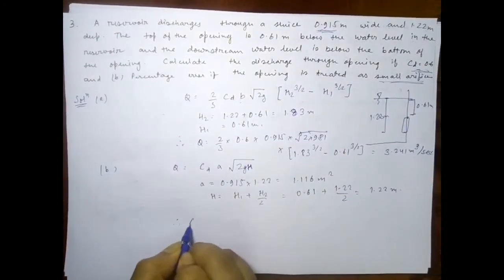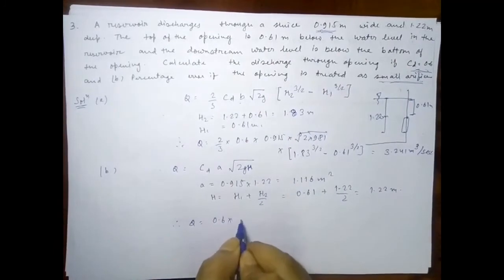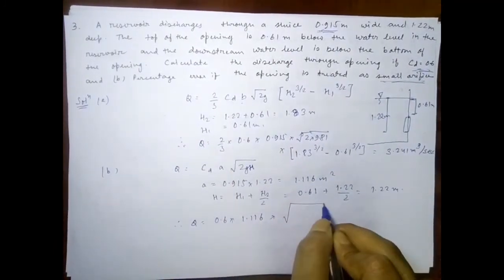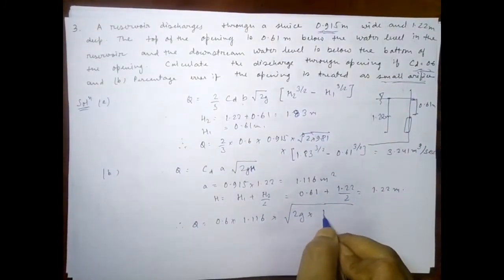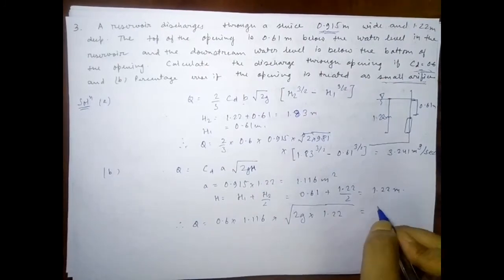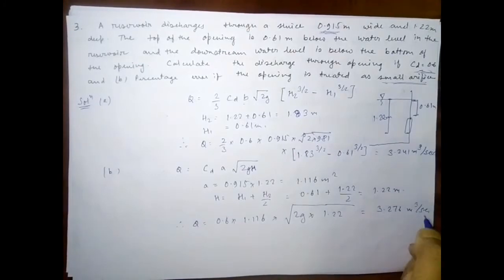Therefore Q is equal to CD is 0.6, area is 1.116 times root 2g times H is 1.22 meter, and I will get Q as 3.276 meter cube per second.